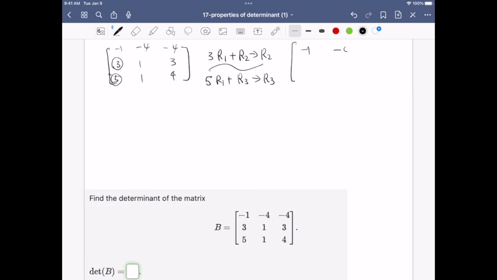At the end, it gives me 0 here, and negative 12 plus 1, negative 12 plus 3, and 0 here, negative 20 plus 1, negative 20 plus 4.